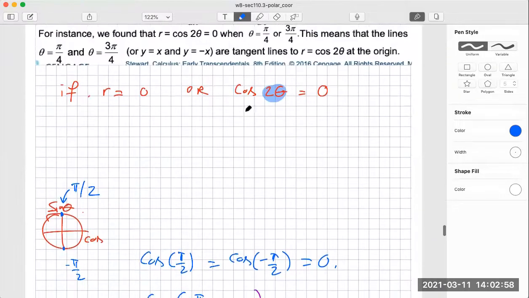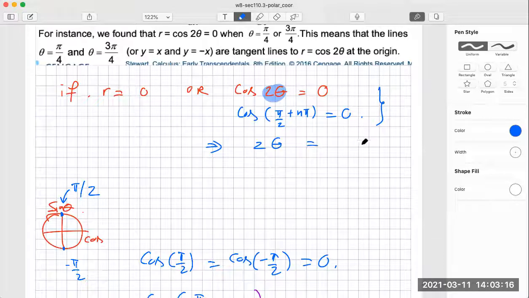Therefore, we know that cosine of pi over 2 plus n pi is equal to 0. Therefore, from these two, it means that 2 theta should be equal to, what is it?